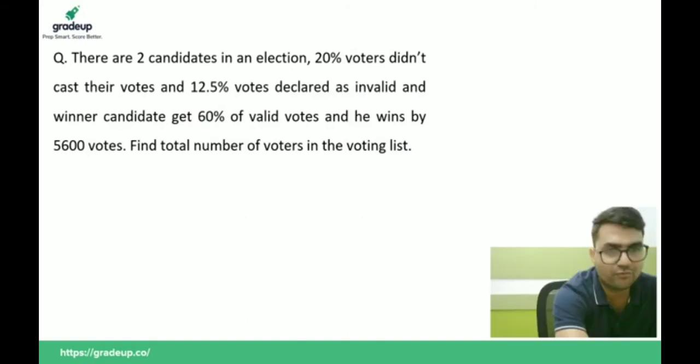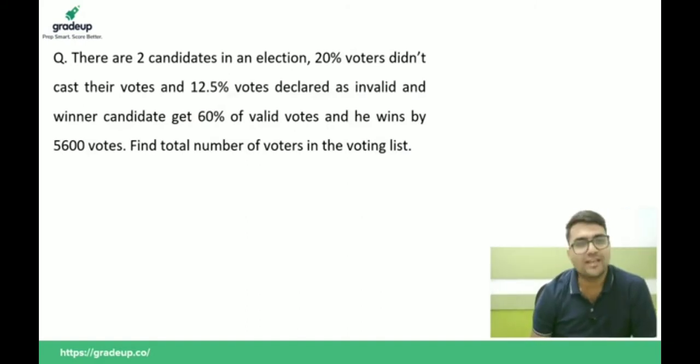Guys, this is again a very important question. In this question, we have been given that there are 2 candidates in an election. 20% voters did not cast their vote, and 12.5% votes declared as invalid.